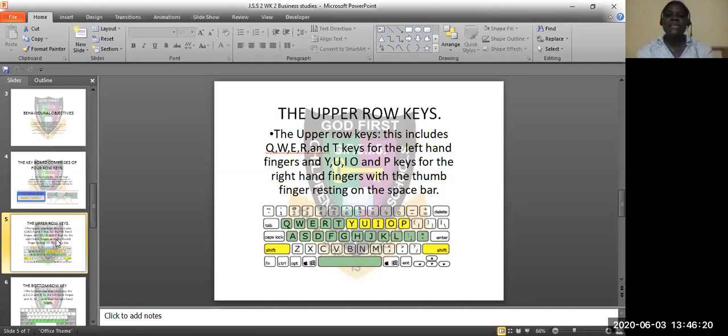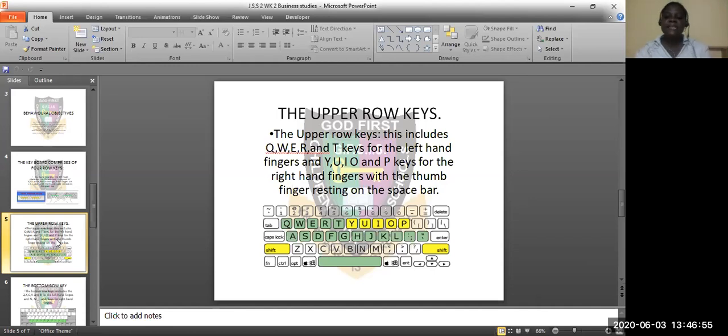You start with the last left finger, you place it on Q. The second of the left fingers, you place it on W. And the third of the left fingers, you place it on E. And the fourth of the left fingers, you place it on T. And have your thumb rested on the space bar. That would be Q, W, E, R, and T.